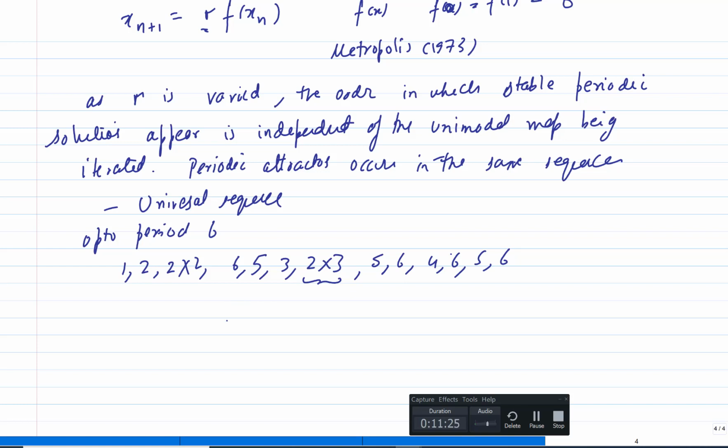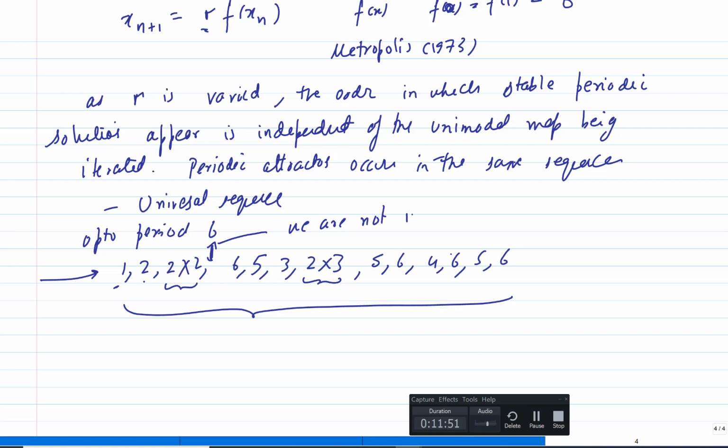So it doesn't matter the algebraic form of the function f. This is the order in which the stable periodic orbits will occur. First it will be a period 1, period 2, period 4. Over here we are not including our usual friends, period doubling 8, 16, because we are just considering a U sequence up to period 6, then 6, 5, 3, so on and so forth.